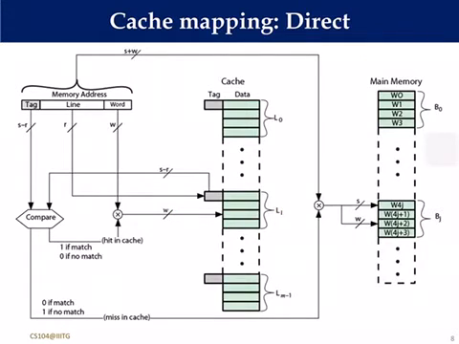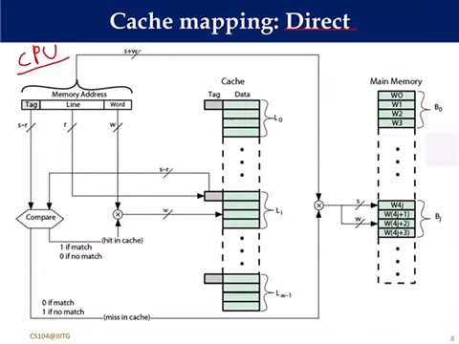Here we come. Now, what happens in case of direct mapping? Whatever we have said just now, this is a diagrammatic representation of that. The CPU will request a memory address. It requests something from this memory address.